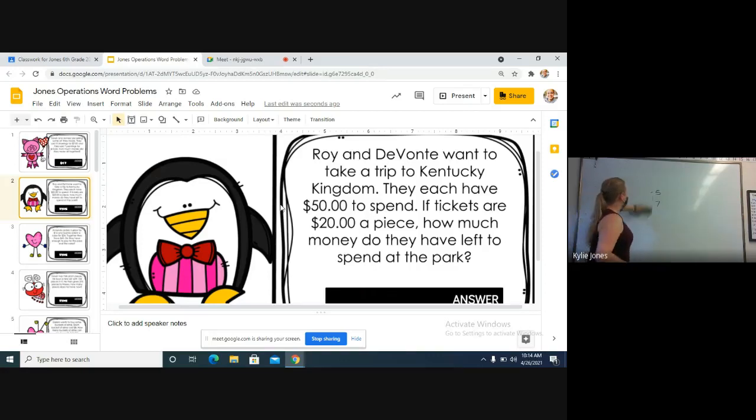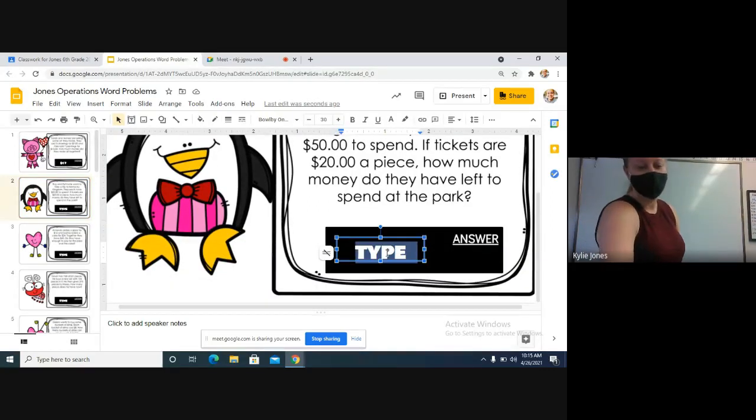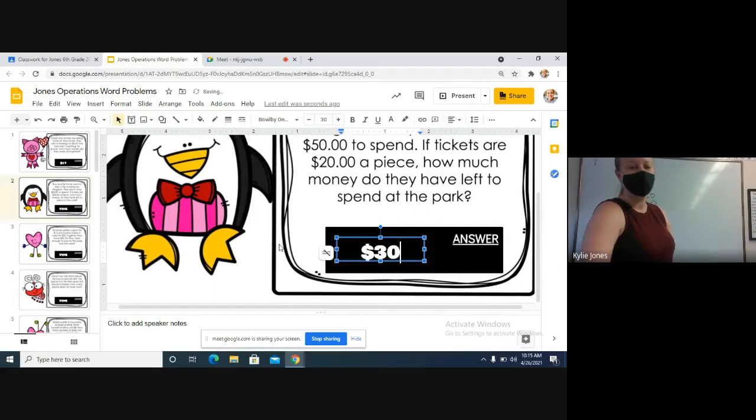Roy has 50 because each of them has 50, right? He spends $20 on a ticket. How much money does he have left to spend? $30 at this park. So our answer here is $30.